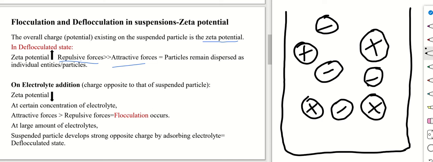Because of these oppositely charged particles, they will experience attractive forces between the drug particles.